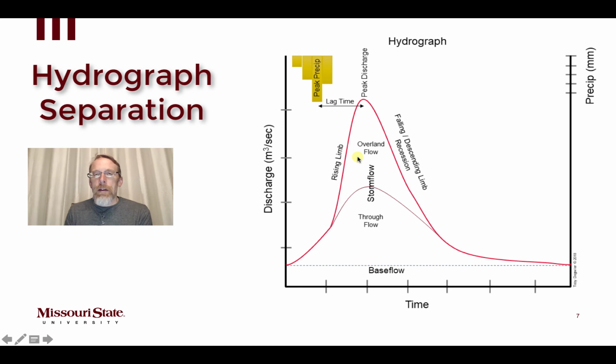Now, if you think about it in your experience, if you live somewhere else or have experienced a different climate, this may not be your experience, but if you live in most of the central part of the U.S., certainly most parts of Missouri, we have soils and vegetation and other things that often absorb most of the rainfall. We don't see overland flow until it rains pretty darn hard or pretty darn long, or both. So overland flow is relatively rare.